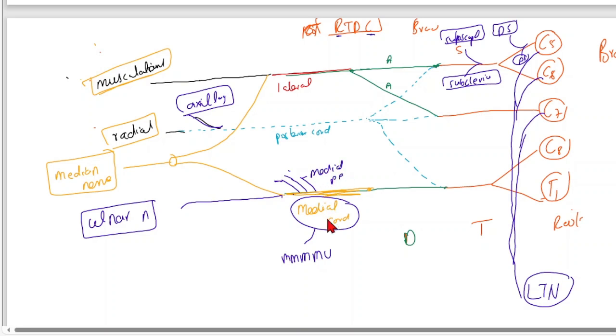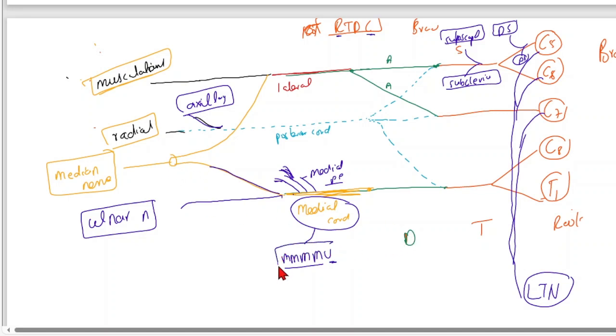From the medial cord, nerves arise: 4M and 1U. 4M means the medial pectoral nerve, medial cutaneous nerve of forearm, medial cutaneous nerve of arm, and the medial branch of the median nerve.